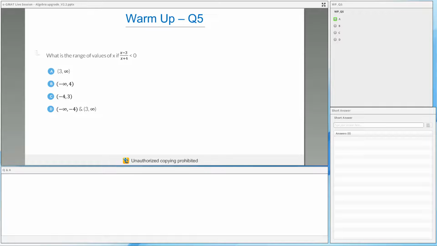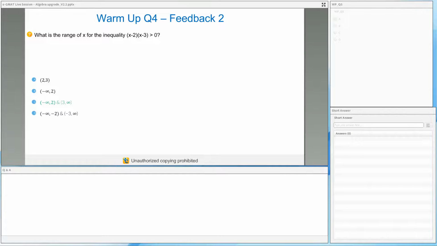Another 10 seconds. Okay, I'm ending the poll now. Okay, quite a mixed response in question 5, but before discussing question 5, let's come to question 4.